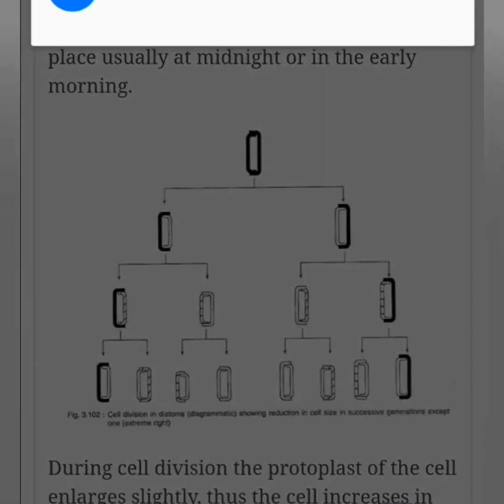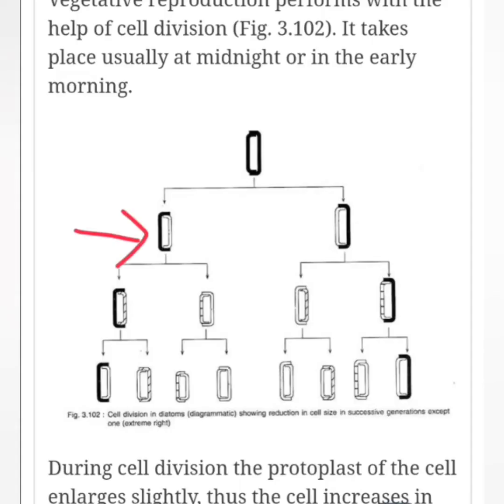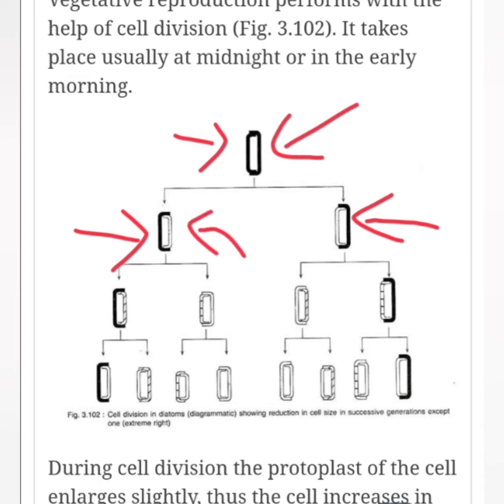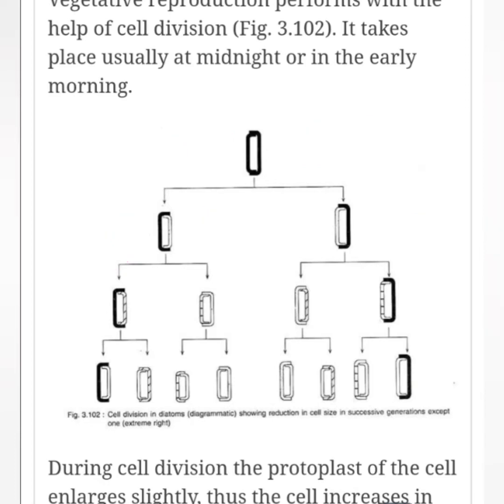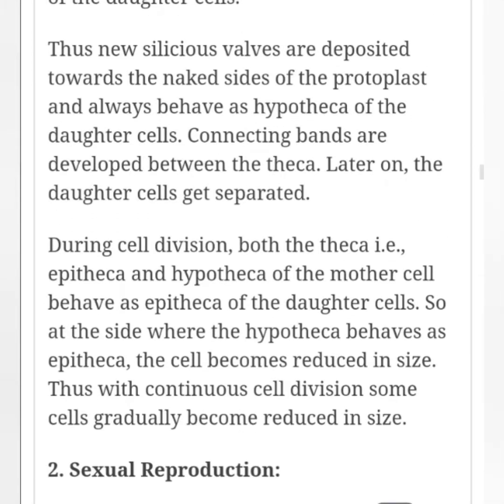You can see in the daughter cells that both these epitheca and hypotheca become the epitheca of the daughter cells, and then only this new siliceous wall is deposited on the naked side of the protoplast. All right, so I hope till there it is clear.